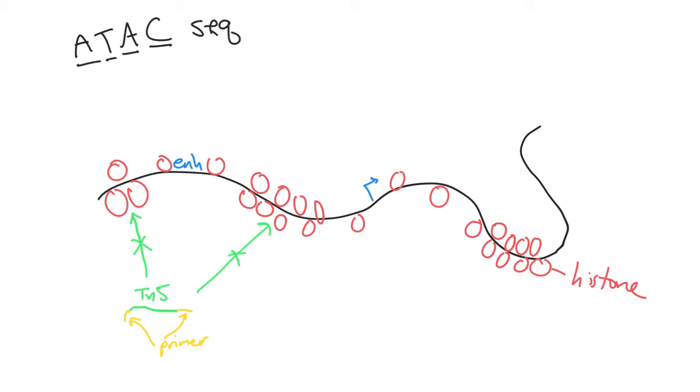So after transposase treatment, that transposase has integrated itself in the genome wherever there's euchromatin, and it goes along with those little primer sites. And those primer sites then allow PCR to be conducted.